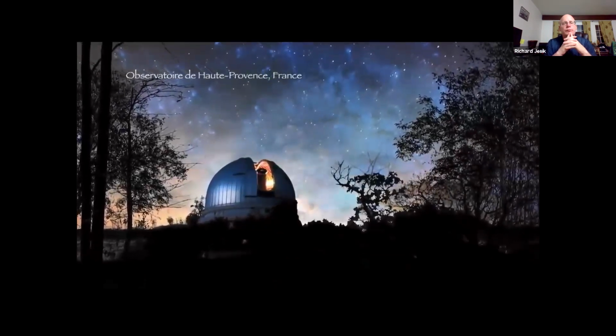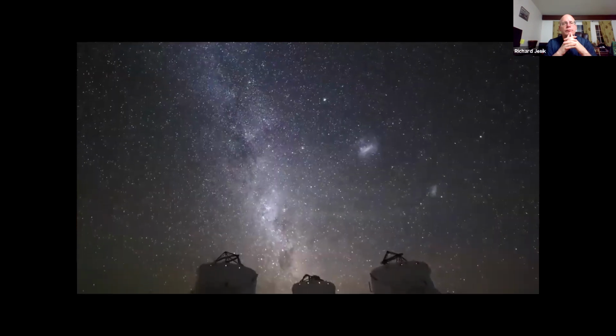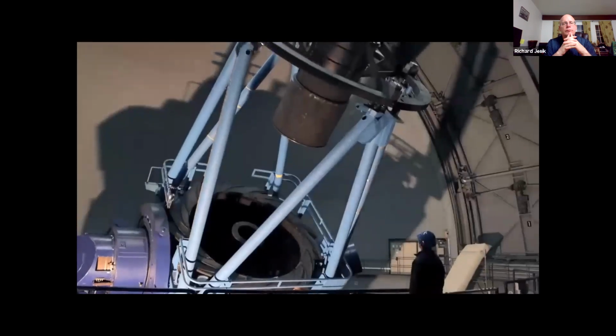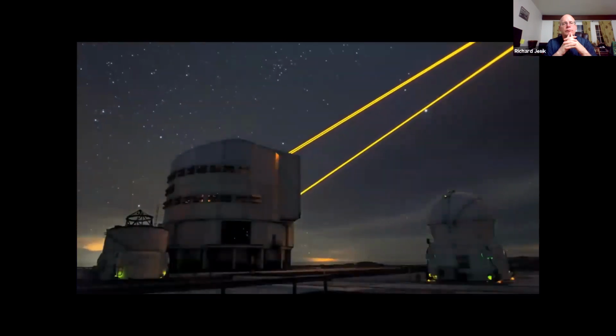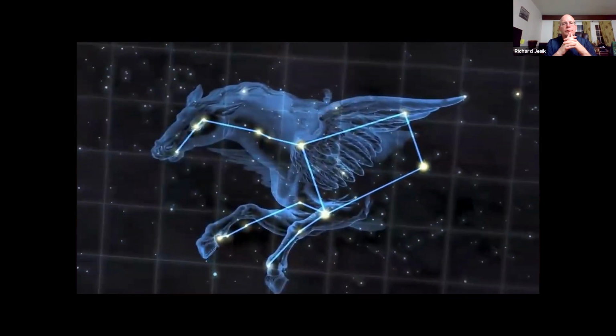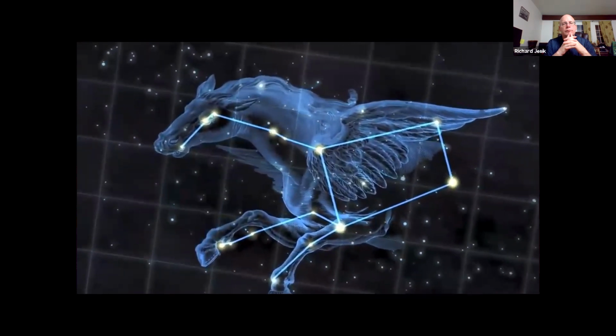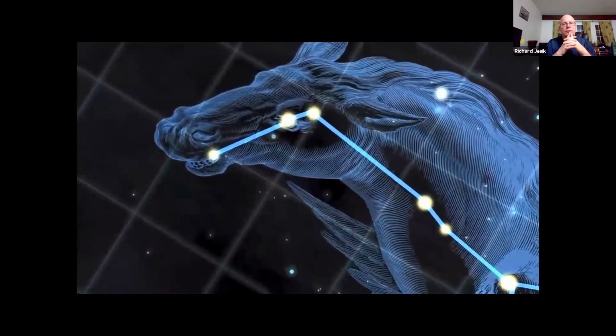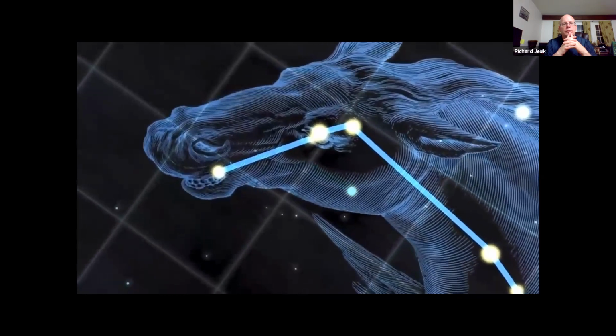Haute-Provence Observatory, France. It's here that a discovery from a faraway star gives one of the biggest revelations about our own solar system. The story begins when Swiss astronomers Didier Queloz and Michel Mayor noticed something unusual about a star 50 light years away in the constellation of Pegasus.